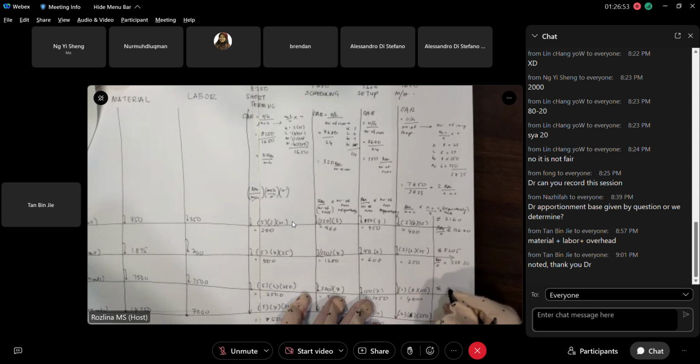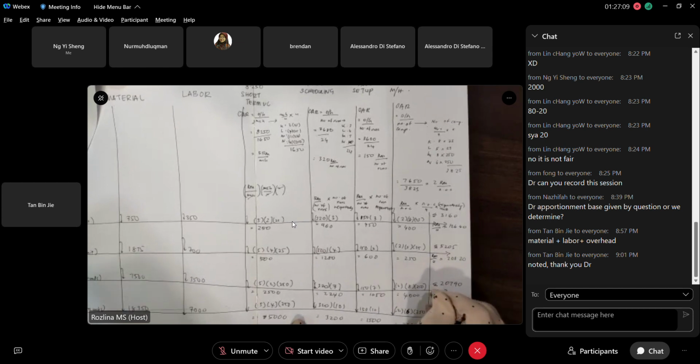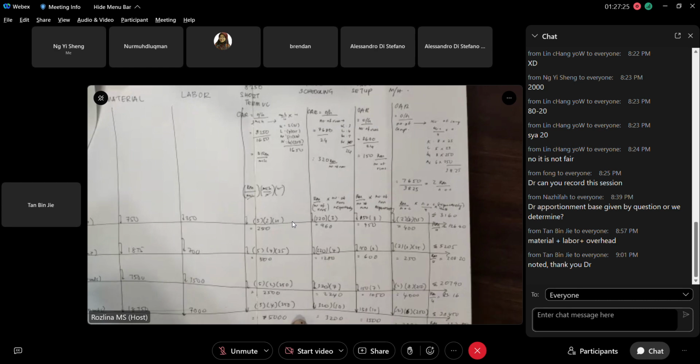Ini total. The RM per unit is 83.16, and the last one, the total is 38450, and the RM per unit is 153.80.